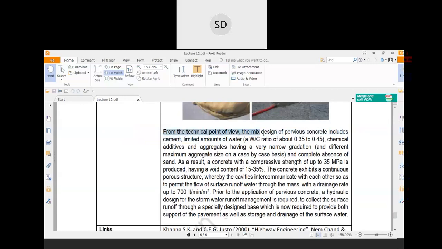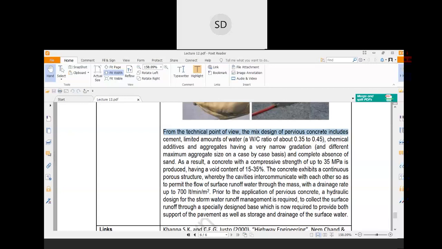From the technical point of view, the mix design of pervious concrete includes cement, limited amounts of water with a water cement ratio varying from 0.35 to 0.45, chemical additives, which means some admixtures, and aggregate having a very narrow gradation.